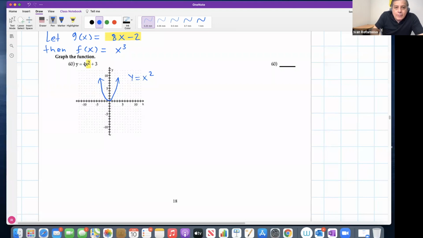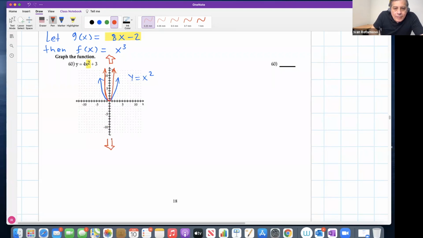Then you have to multiply this by 4. That multiplication applies what is called a vertical stretch to the function. It stretches the output values by a factor of 4, so this is the result of stretching this vertically.